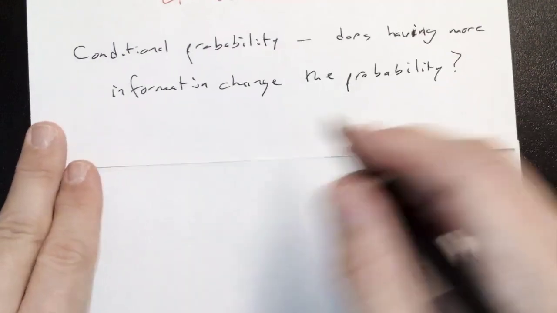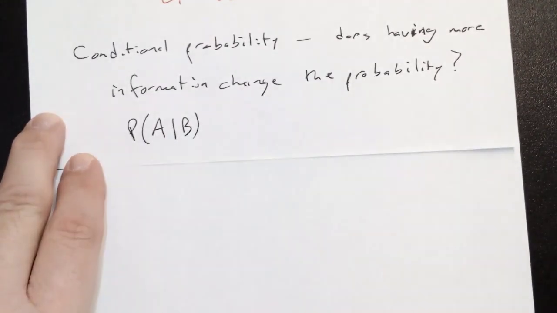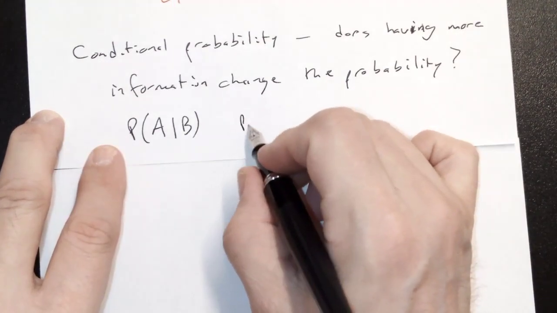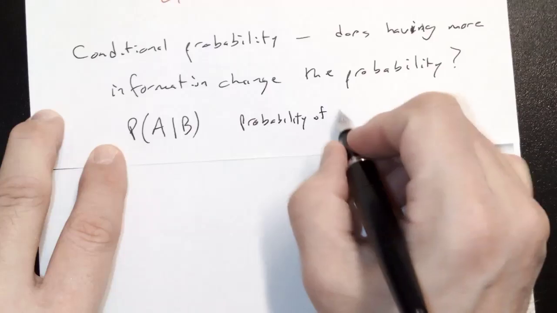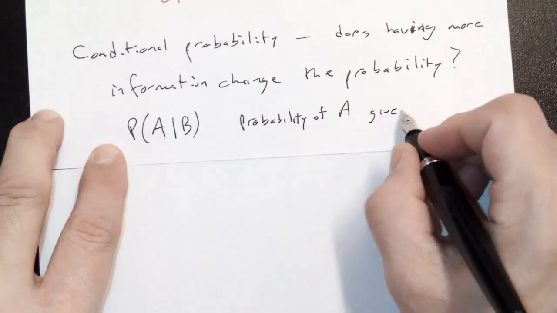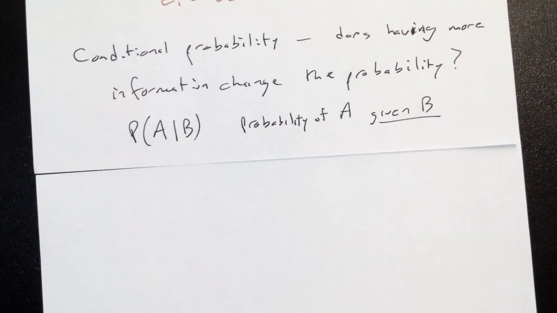We're going to write a vertical bar, and we're going to read this as the probability of A given B. So we're given this extra information.